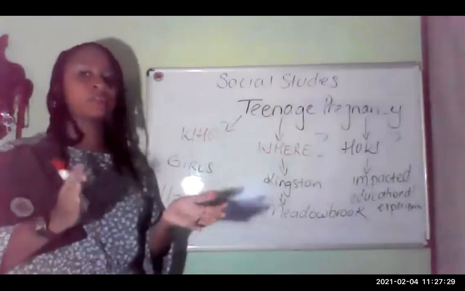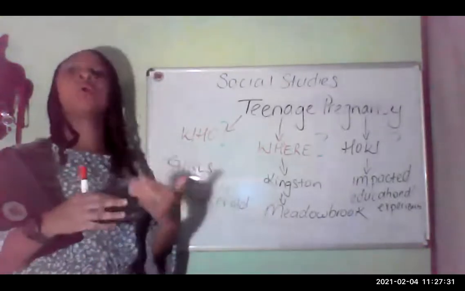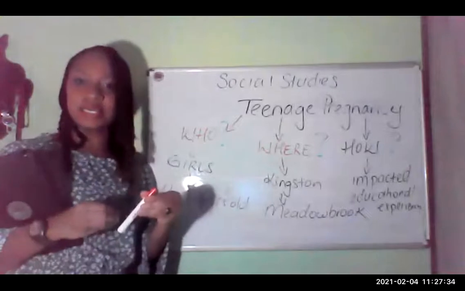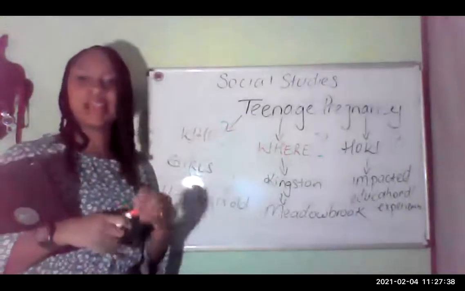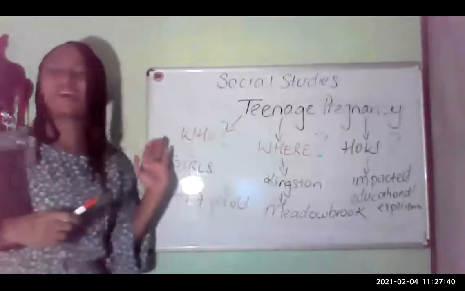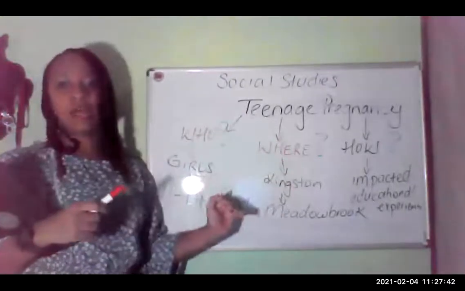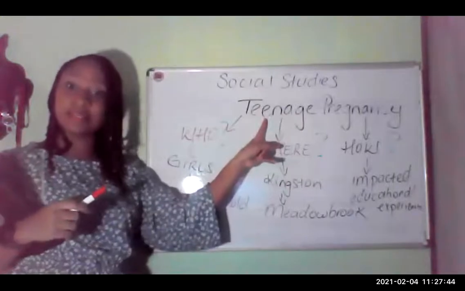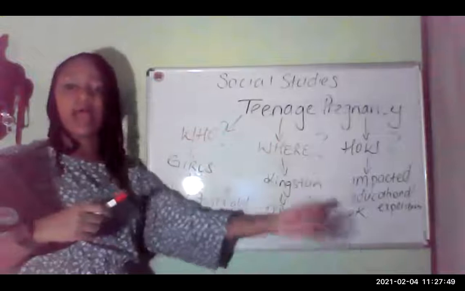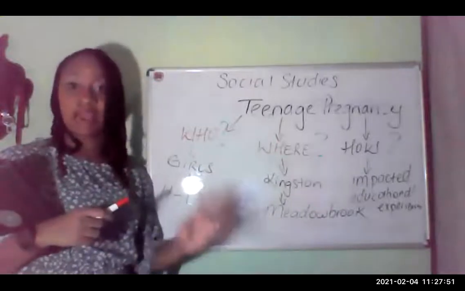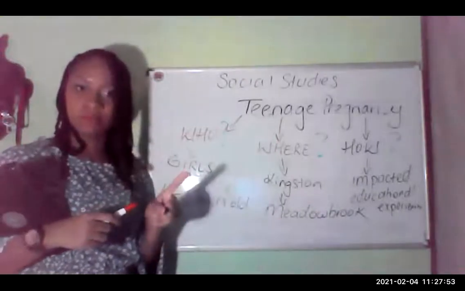So you're not a woman, you shouldn't be carrying a child. How does society see that young lady? How does the society see that girl? So you have to narrow down your topic. Teenage pregnancy by itself is not a topic. It must be narrowed down, and this is how you go about narrowing down your topic. All right.